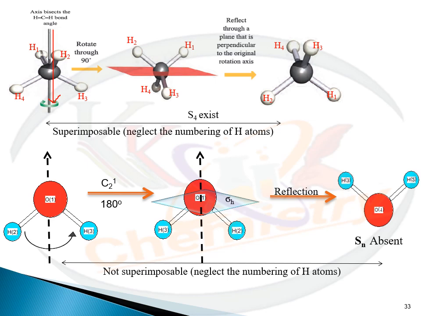You can get the same structure, the same orientation as the first one. This one is the same as this one, superimposable on each other. Just forget about the numbers H3, H4, H4, H3, H2, H1, it is just for simplicity.